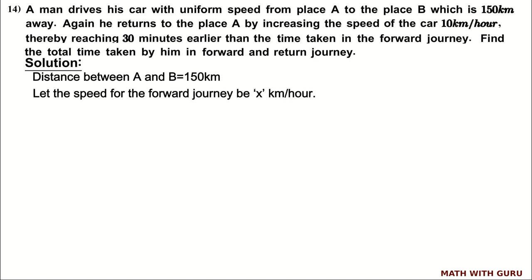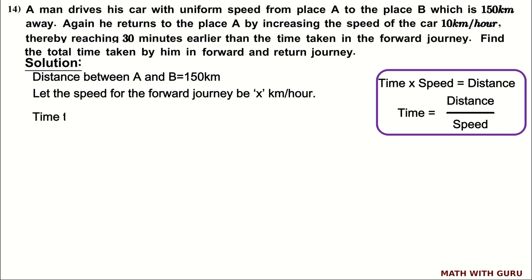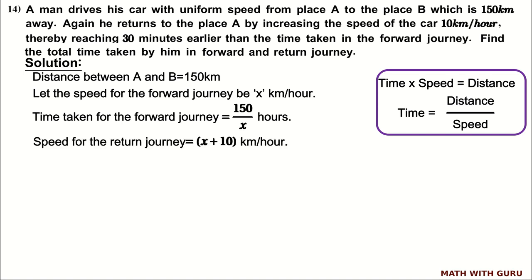Let the speed for the forward journey be x km per hour. Time into speed equals distance. Therefore, time equals distance divided by speed. Time taken for the forward journey equals 150 divided by x hours. Speed for the return journey equals x plus 10 kilometers per hour.